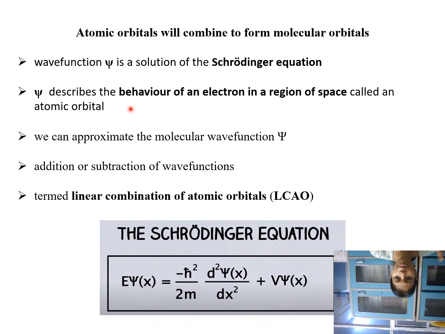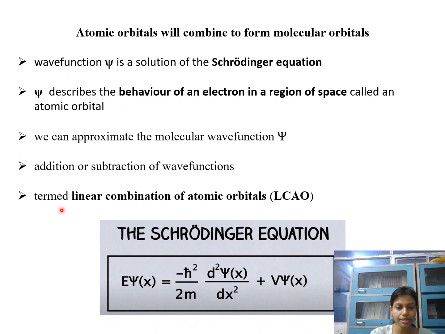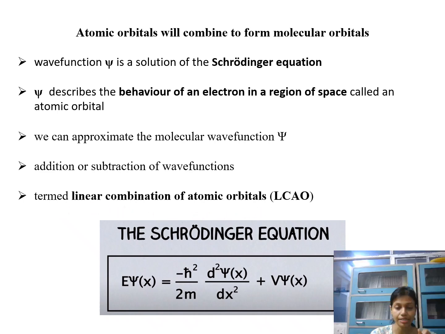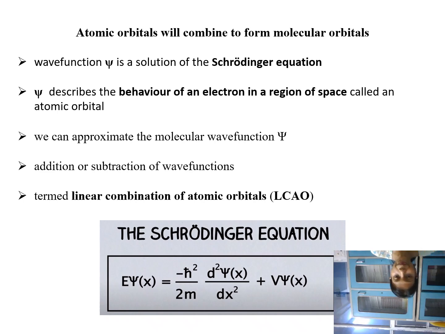So each atomic orbital will have a wave function associated with it. Now when we combine the atomic orbitals, they can be added or subtracted from each other, and then we get the molecular orbitals. This process is termed linear combination of atomic orbitals, in short LCAO, when we add or subtract the atomic orbitals to get the molecular orbitals. So let us see more details on this in the next slide.